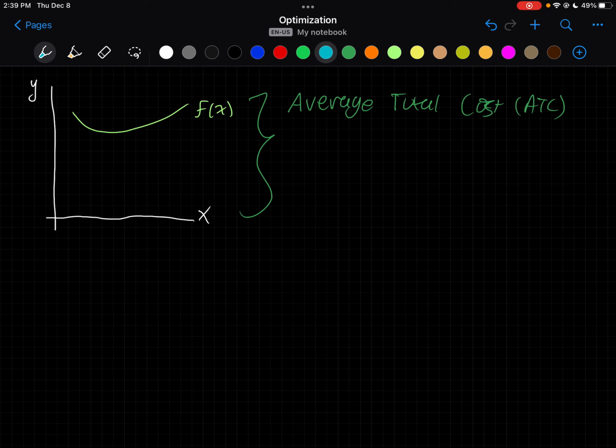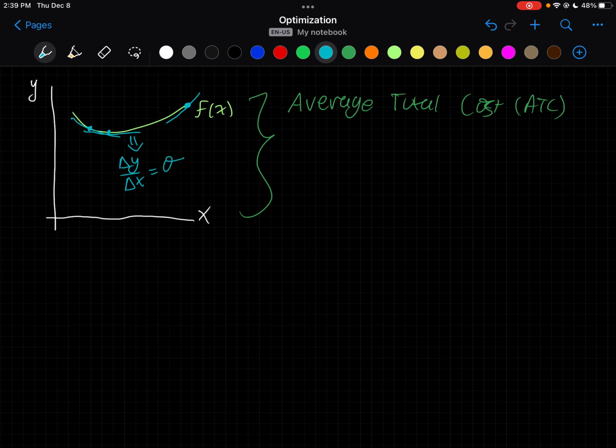That is because if I draw some tangent lines of this ATC curve, which I labeled f of x, you can see that it truly hits 0 at one point, representing a minimum. Let's say that's the horizontal tangent line, in which the slope is simply dy over dx, and that is equal to 0.